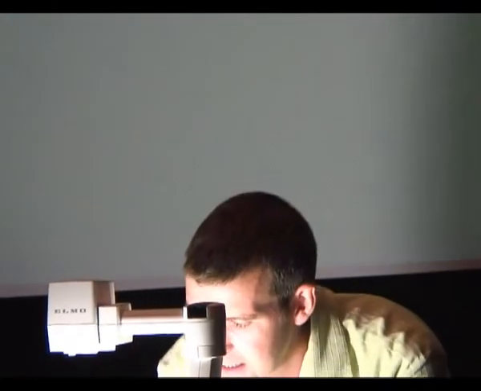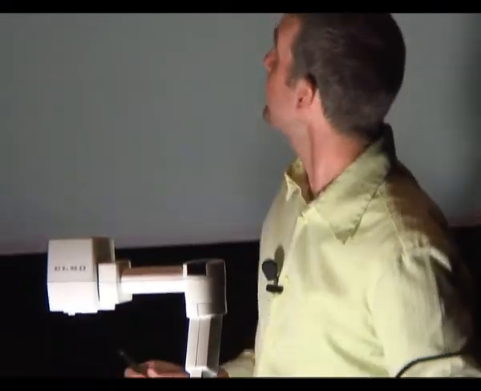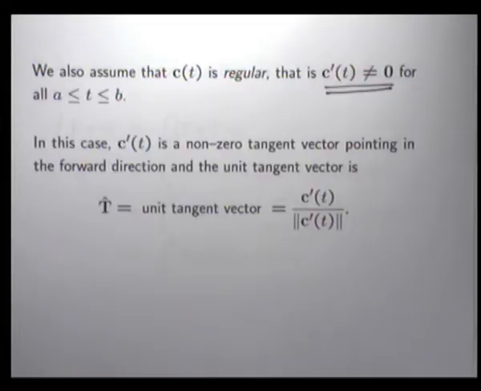Another important piece of information that we're going to assume is that the vector function C is regular, in the sense that the derivative is nowhere the zero vector. Why? Well, we're going to divide by the length of C dash at some point, so we don't want to divide by 0.